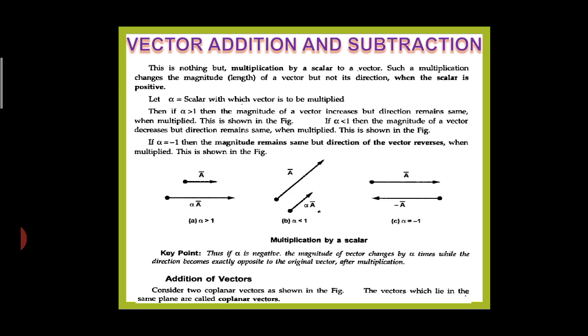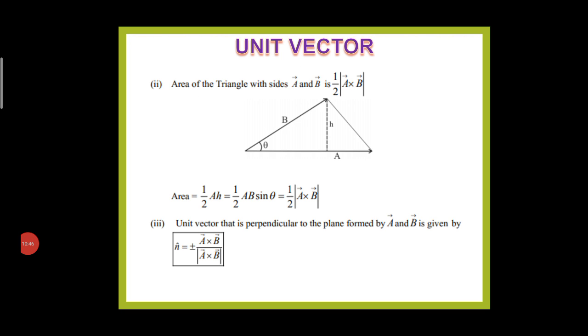Now, vector addition and subtraction. A unit vector has a function to indicate the direction. Its magnitude is always unity, irrespective of the direction which it indicates and the coordinate systems under consideration. Thus, for any vector to indicate its direction, a unit vector can be used.